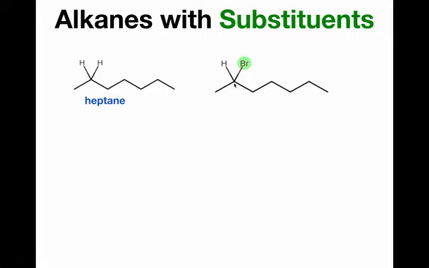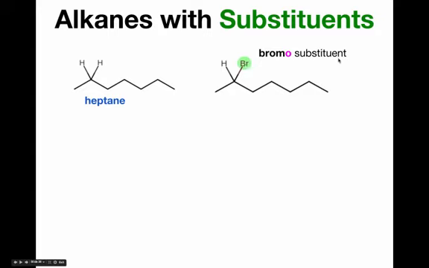So what you say is that this is a bromine substitution, or you can say that it is a bromine substituent. And technically, you are not supposed to say bromine, even though the atom that is attached is a bromine atom. What you do is you drop the "ine" in bromine, and you add the letter O. So what this actually is a bromo substituent.